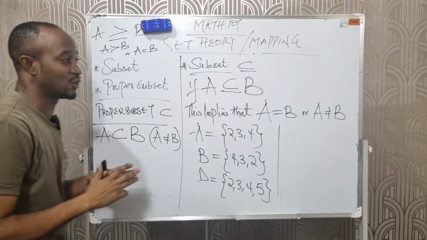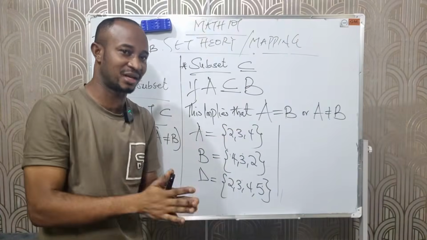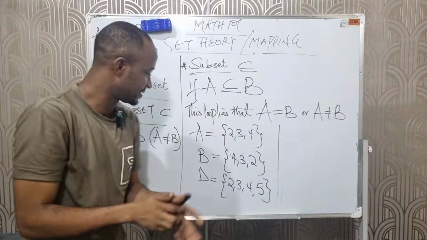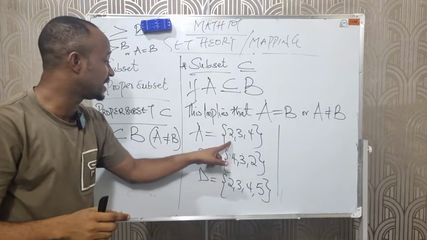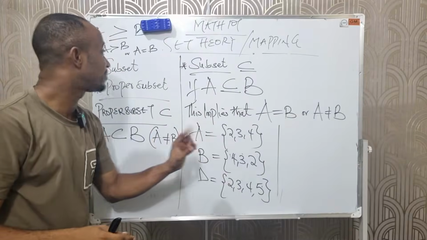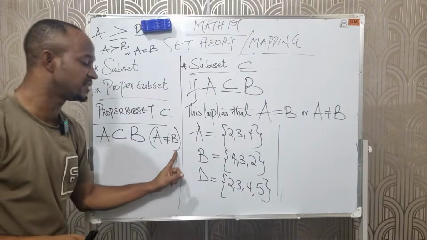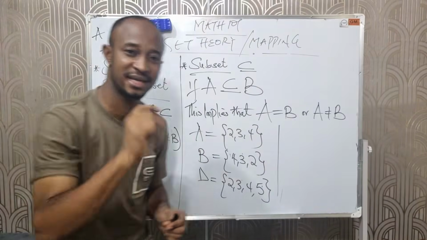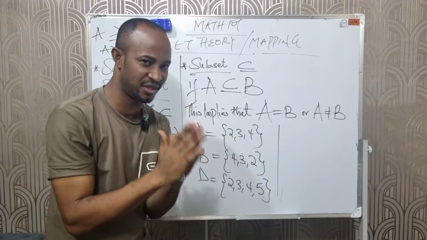The reason why I had to start with equal sets is so you can understand what equal sets are all about. Two sets are equal if they have the same elements. A and D don't have the same elements, but every element in A is in D. That implies that A is a proper subset of D because A is not equal to D. So both subsets and proper subsets have a similar definition.